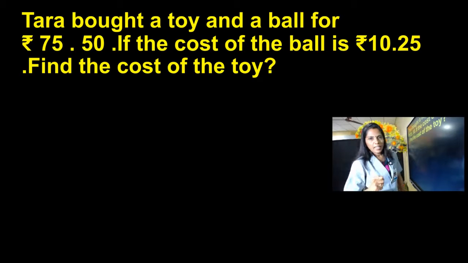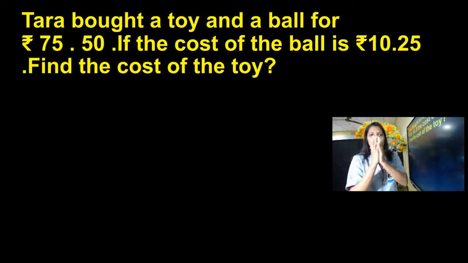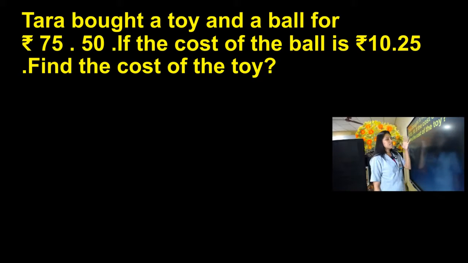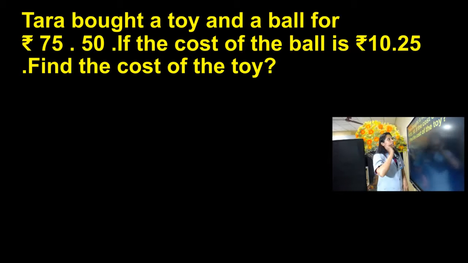Tara bought a toy and a ball for rupees 75 and 50 paise. Okay, 2 things she bought. What are the 2 things? A toy and a ball. Together, the cost of the toy and the ball is 75 rupees and 50 paise. Okay. Now, what is the next line?